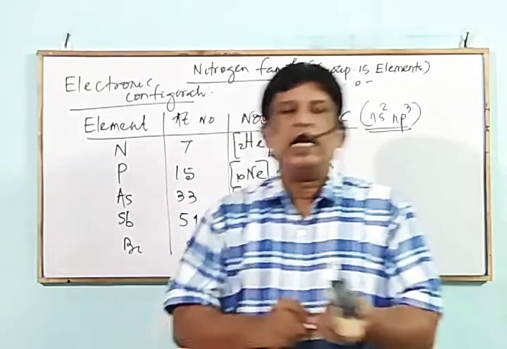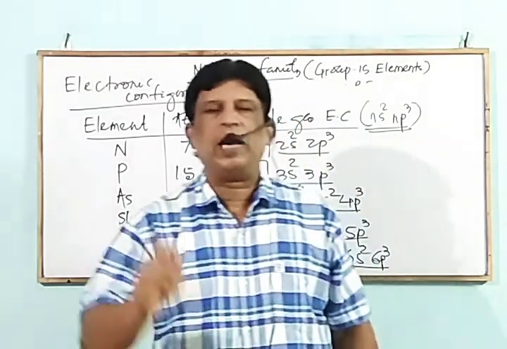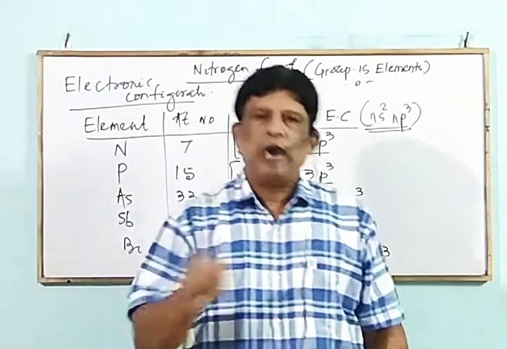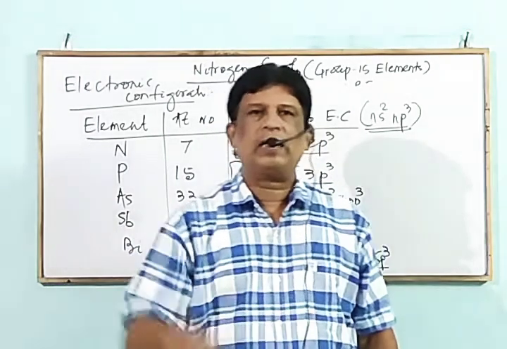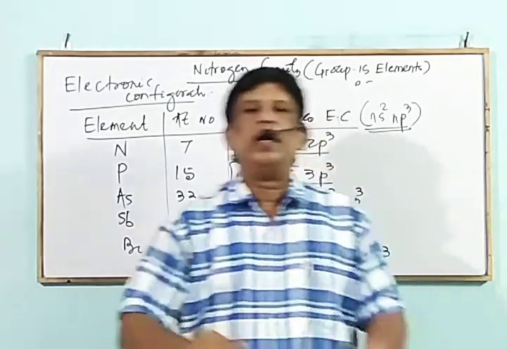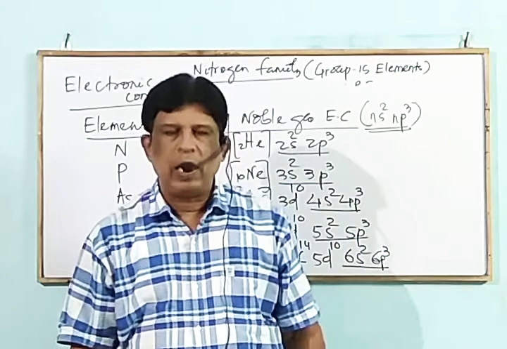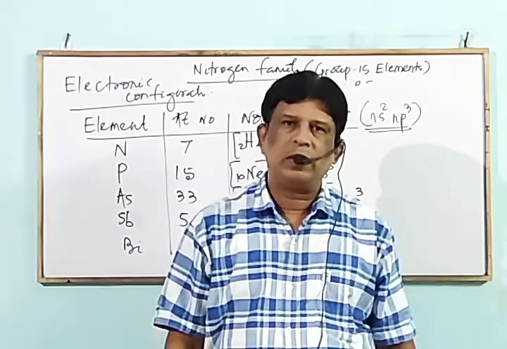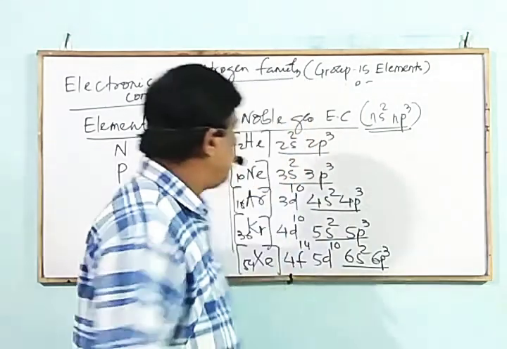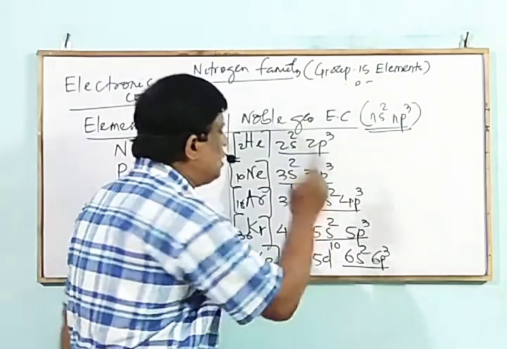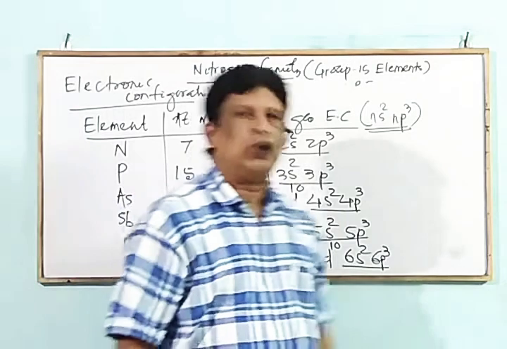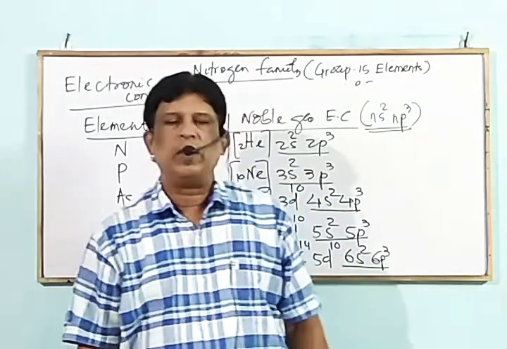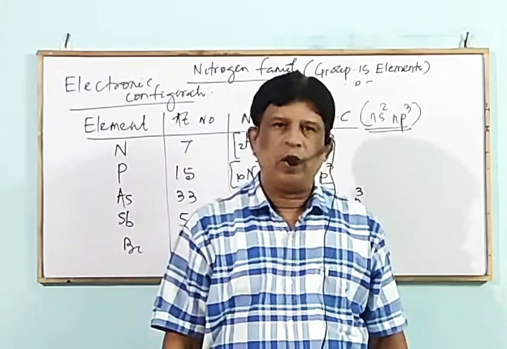So that means they have 5 electrons in their valence shell. So they have a strong tendency to get additional 3 electrons to attain the noble gas configuration. And since the last electron enters into the p subshell, they belong to p block of the periodic table.